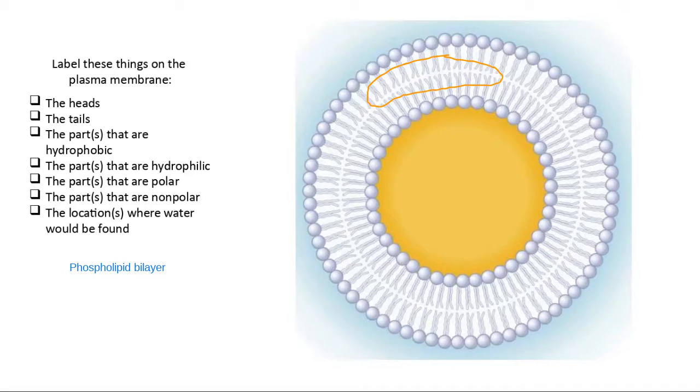The part that's in the middle of the membrane, those are called the tails. The parts that I find on the outside of the membrane, the two surfaces, those are the parts that we call the heads. So the heads form the outside of our membranes. The tails form the middle of our membranes.